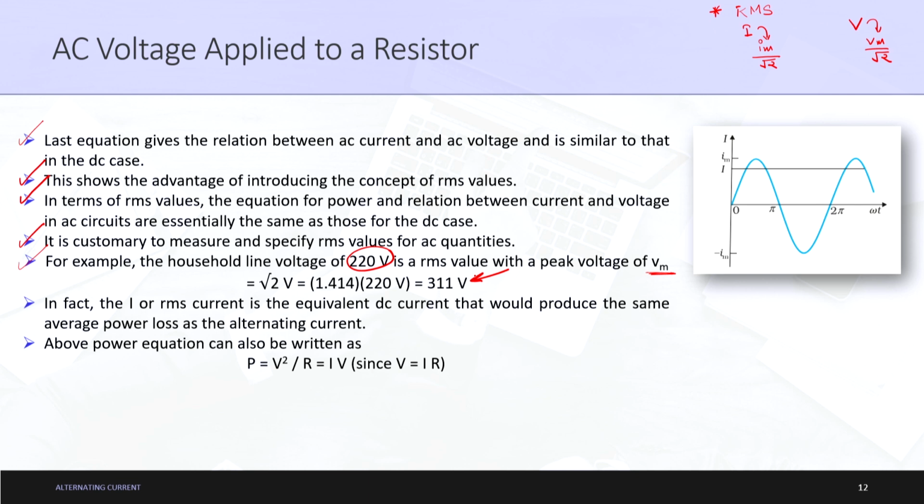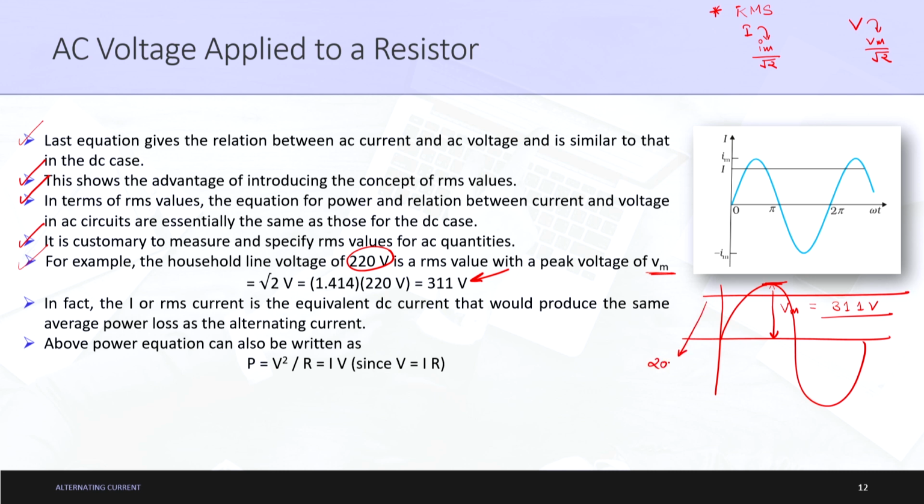From the supply lines this voltage comes with some amplitude, which we denote by Vm. This Vm value is actually 311 volts, but when we explain it using the DC voltage criteria, we say the RMS value is 220 volts.